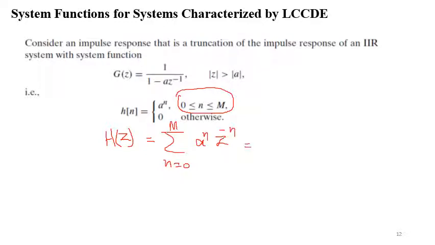So using the summation equation, we see that this is equal to 1 minus a to the power maximum limit plus 1, right, into z to the power minus M minus 1, and this is divided by 1 minus a z to the power minus 1.